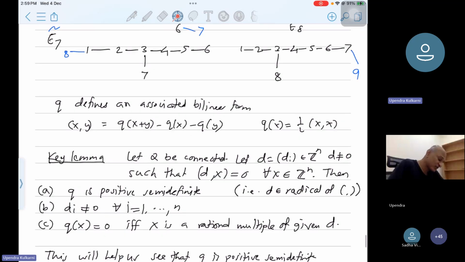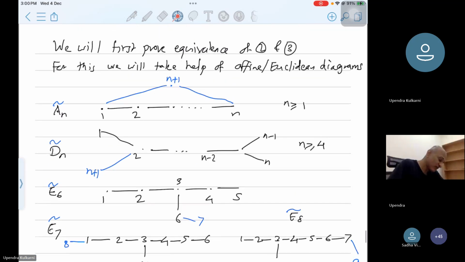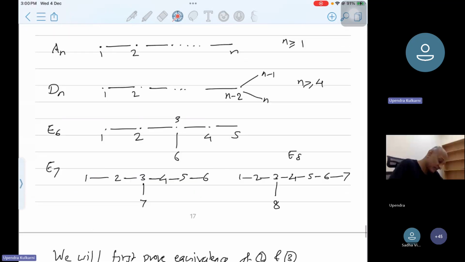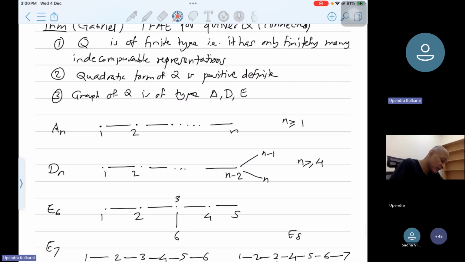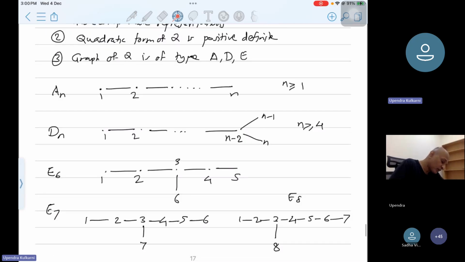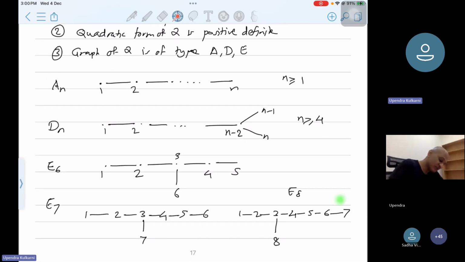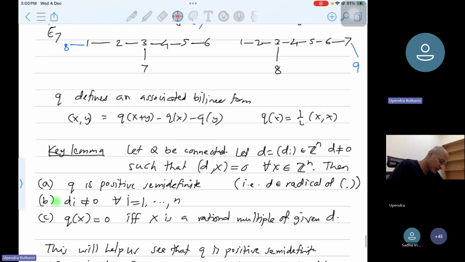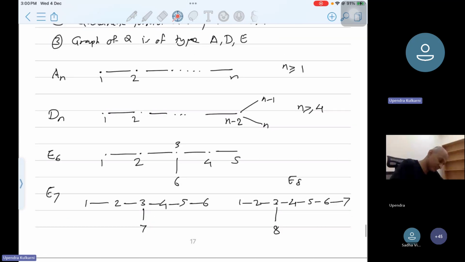So once I have reduced to the case of positive semi-definite, then I will prove the result as follows. How do I show that the form is positive definite for these ones? There are two different ways to do that. One is I simply add the extra vertex, and I use that extra vertex along with parts B and C to show that the form cannot be positive semi-definite on these.